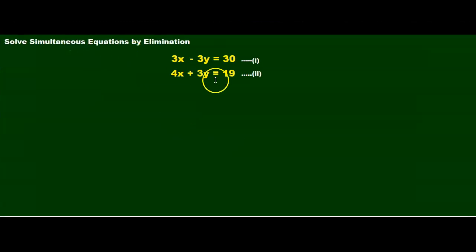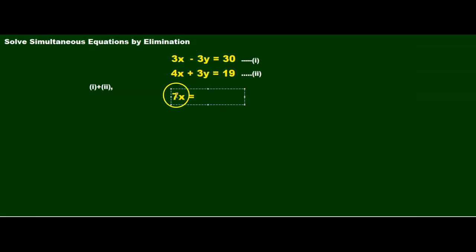Let's try another one. Now we see here we have a negative 3y and a positive 3y, so if we add our two equations down along the columns, we can eliminate our y. So equation 1 plus equation 2: 3x plus 4x gives me 7x, and then negative 3y plus 3y gives me 0.